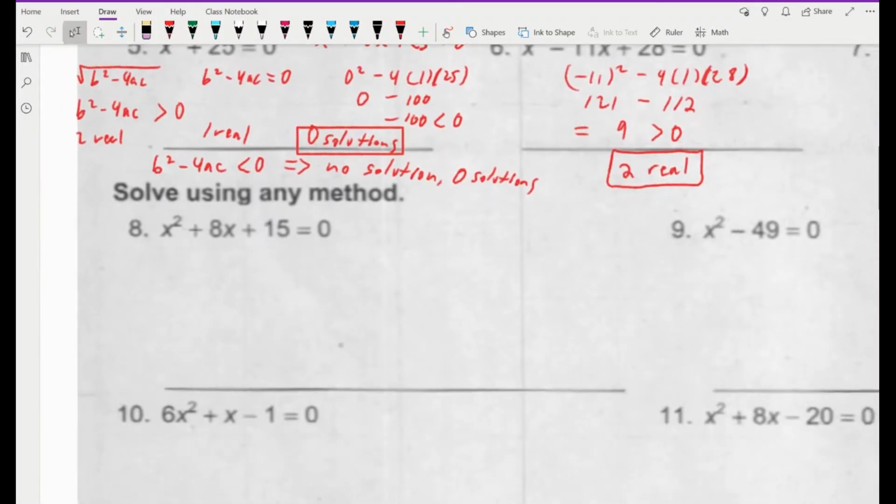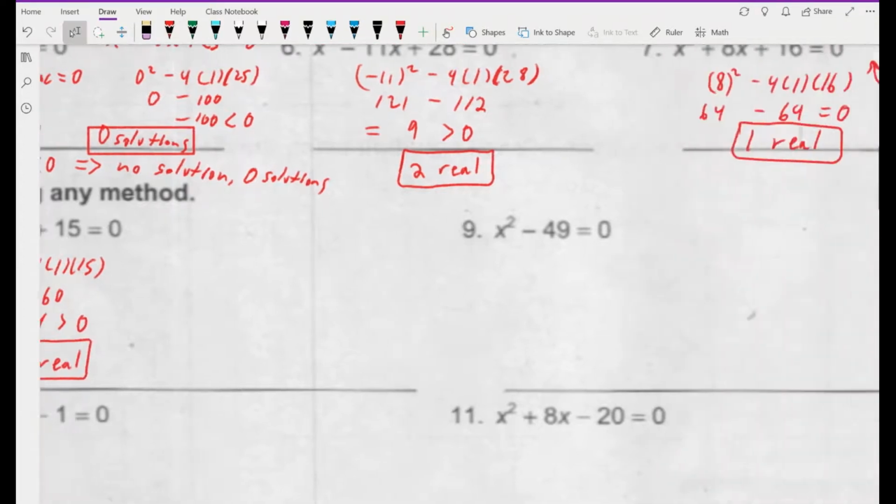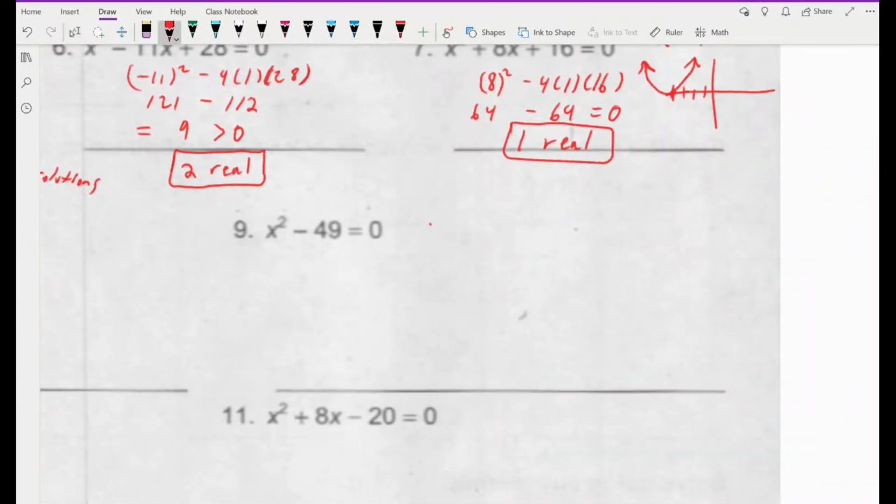Number 8. 8 squared minus 4 times 1 times 15. 64 minus 60 is 4, which is greater than 0, which means we have 2 real solutions. Number 9. It's x squared plus 0x minus 49 equals 0.